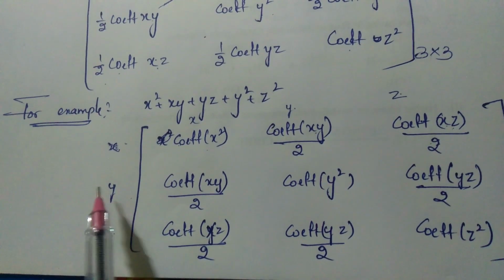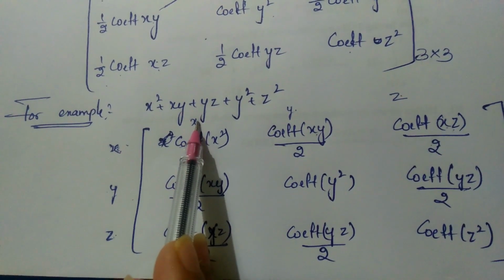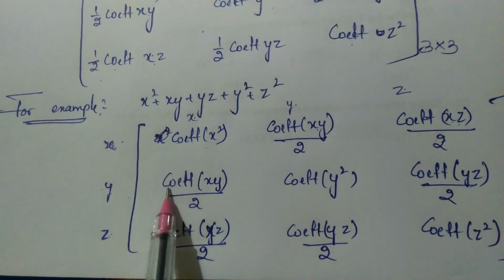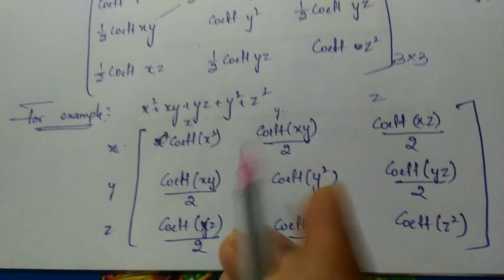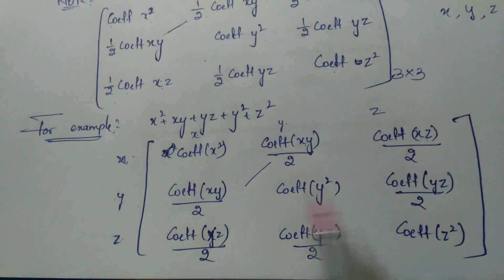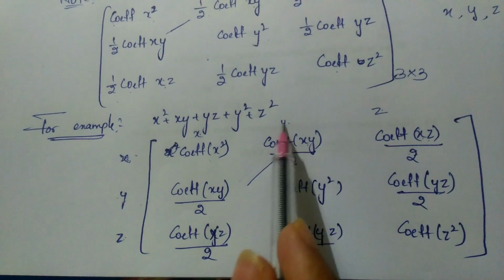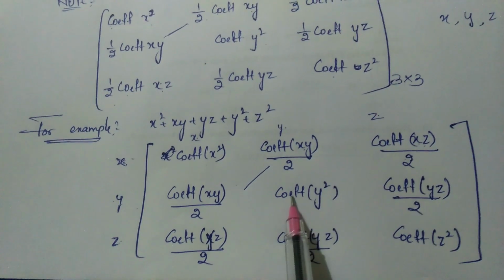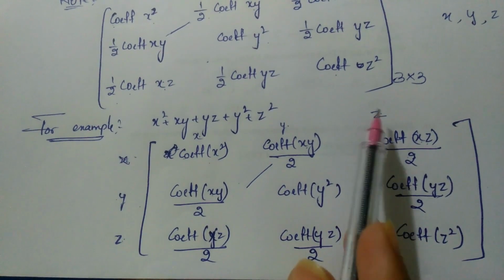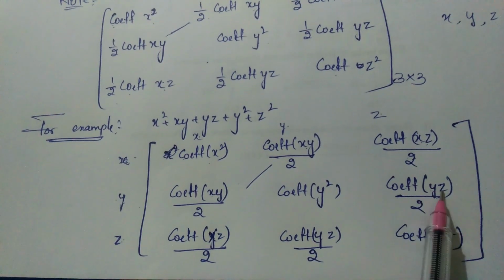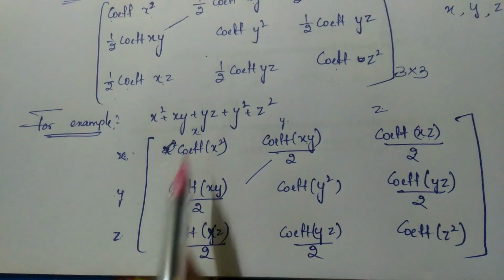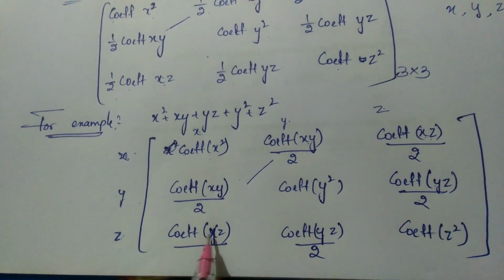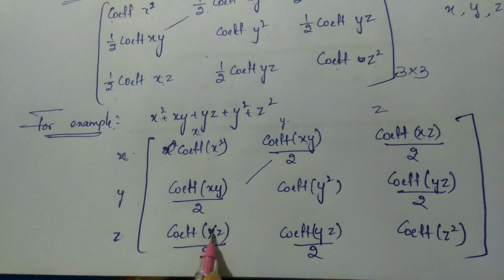And this element is y into x, nothing but x into y, both are the same. So coefficient of xy by 2. So this element comes out the same. And here y into y, nothing but y square, so coefficient of y square. Then y into z comes as yz, coefficient of yz divided by 2. Then the third row is z into x, nothing but xz, so coefficient of xz by 2.